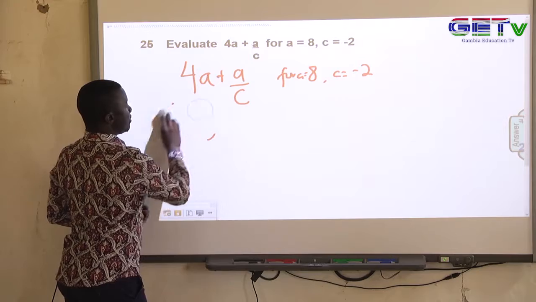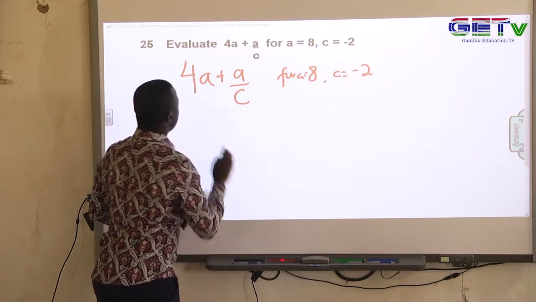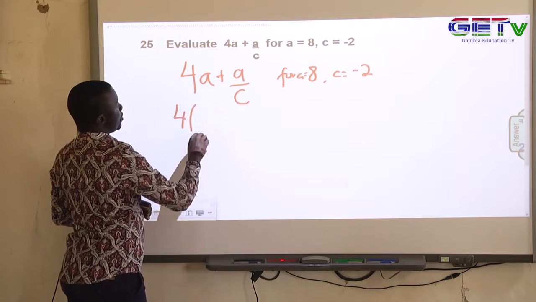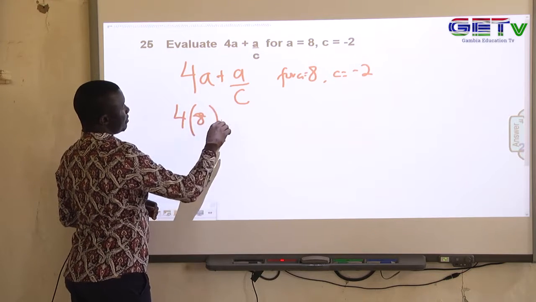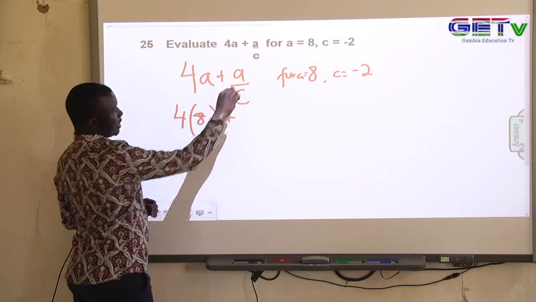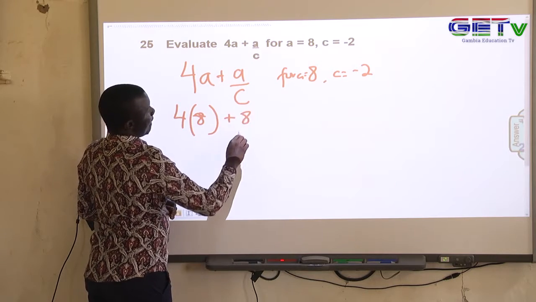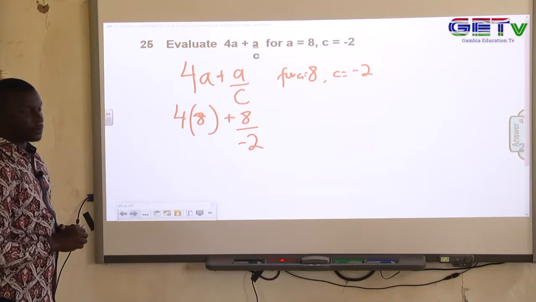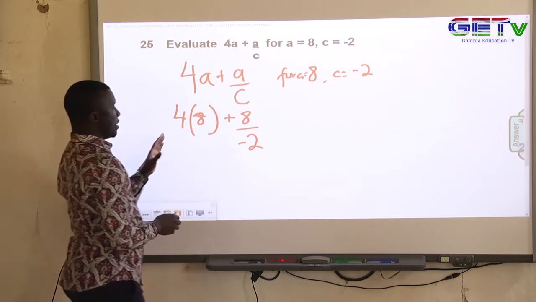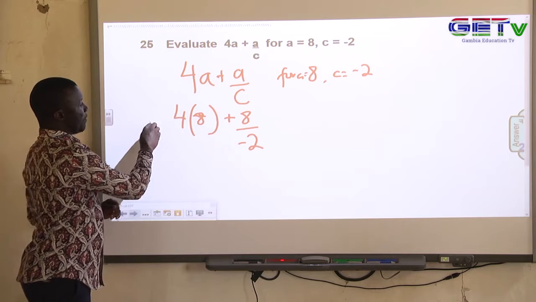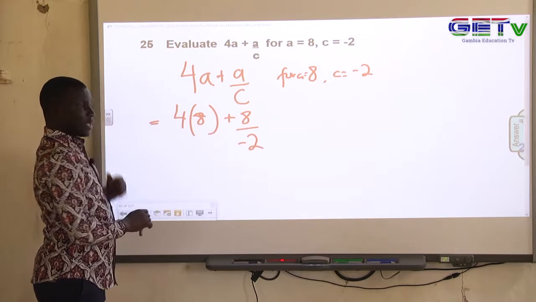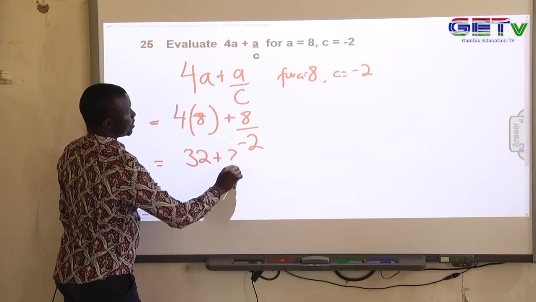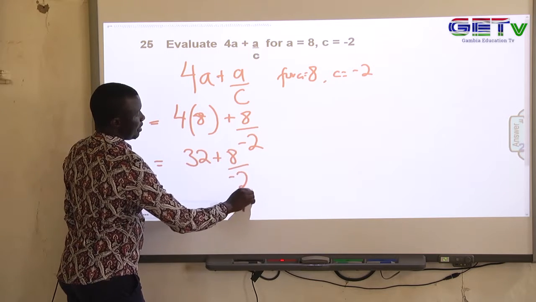Sorry, let me go back here. The value of a is 8. So we substitute the value of 8. 4 times 8, plus 8 over negative 2. So we need to further simplify here. 4 times 8 is equal to 32 plus 8 over negative 2.